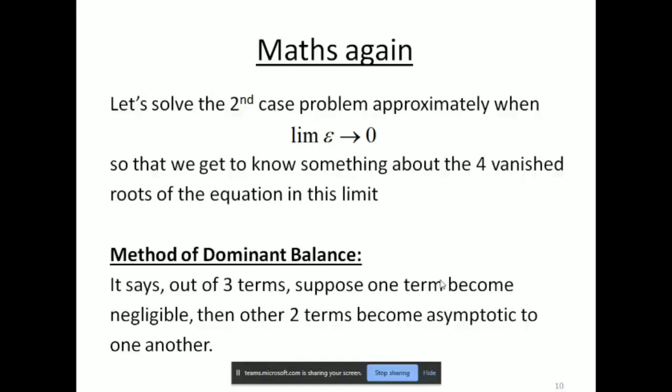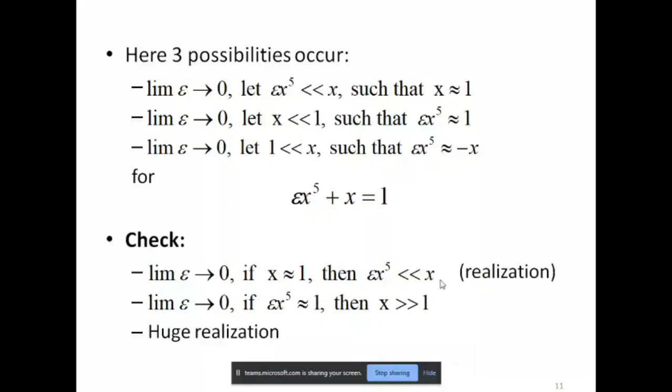So I have 3 terms: epsilon x to the 5, x, and 1. There are 3 possibilities to neglect one of those terms. One possibility is, in the limit epsilon tends to 0, I can throw away epsilon x to the power 5 such that x becomes asymptotic to 1.